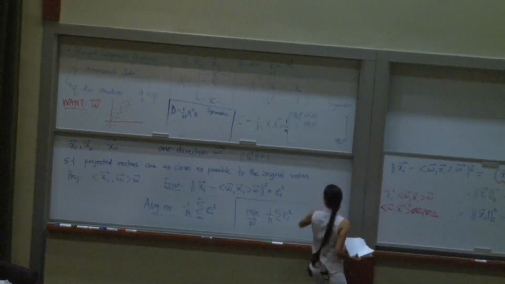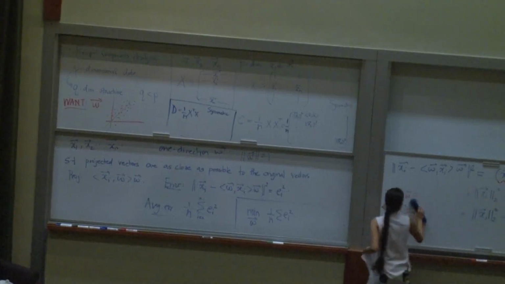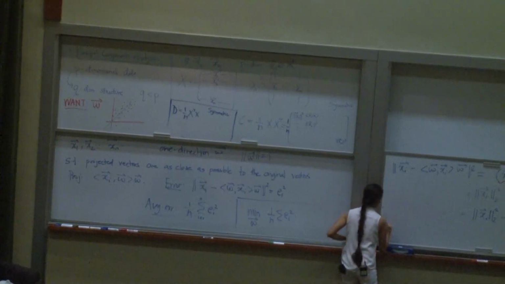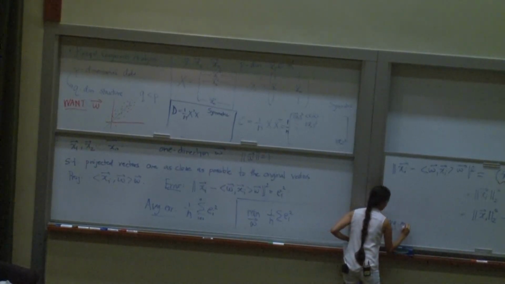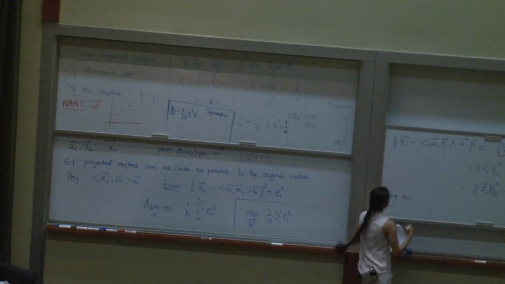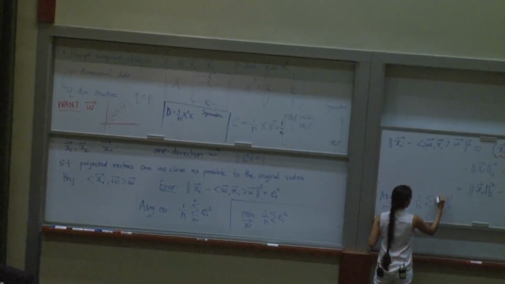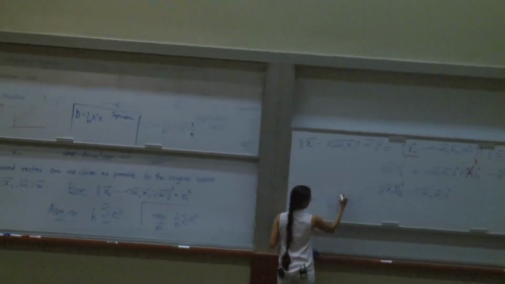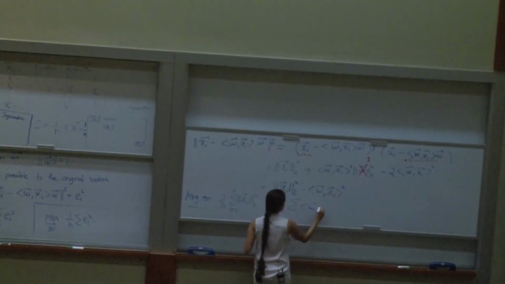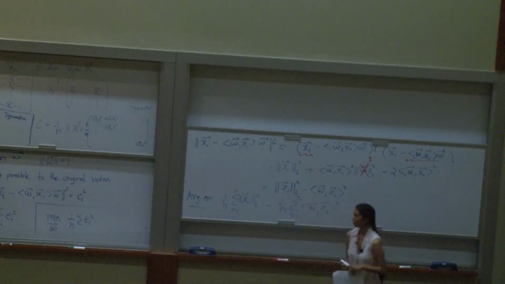So when I now compute my average error and add all of these up, what is my average error going to be? It's going to be 1 over n sum norm squared of xi minus 1 over n the sum of the inner products of w and xi squared. Everyone see this?